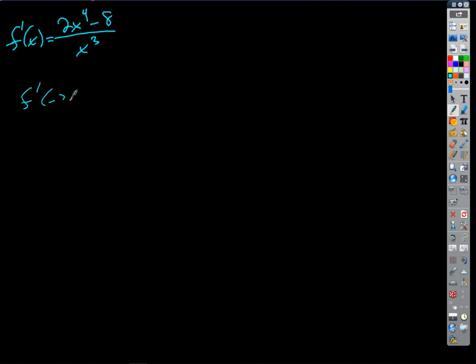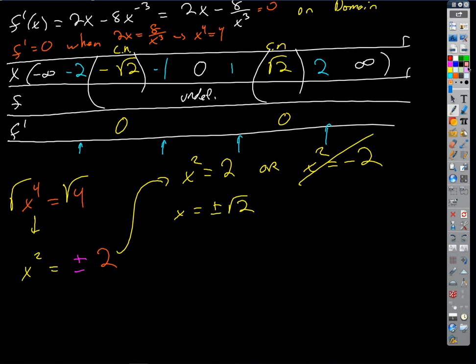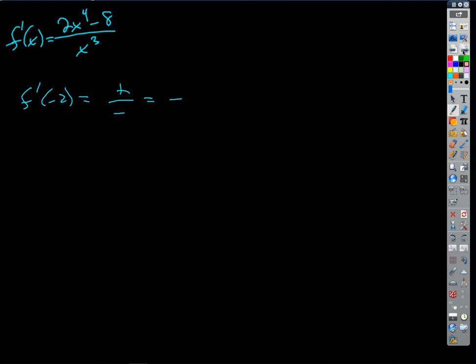So f prime of negative 2. If I plug in negative 2, on the top, am I getting a positive or a negative? Positive, right? 32 minus 8, so I'm getting positive divided by negative 2, that's negative, so the overall sign is negative. So we'll go back over here, and put negative there. What if we evaluate the first derivative at negative 1?